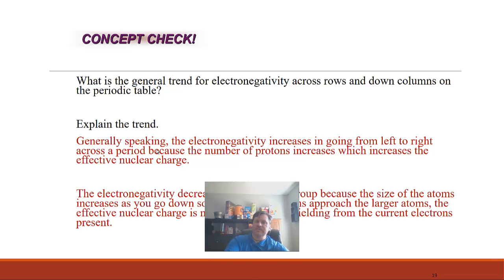As we go down, though, the electronegativity decreases because the size of the atom is increasing because we're adding more sublevels, right? Which then it's not as great due to shielding. Shielding is just the distance between the nucleus and the outermost shell there.